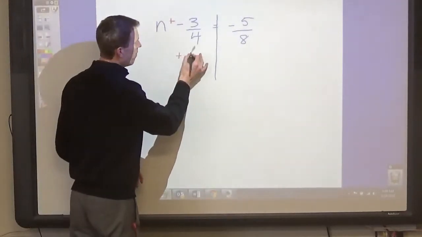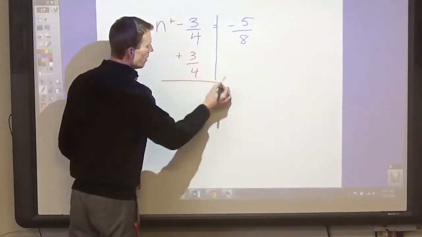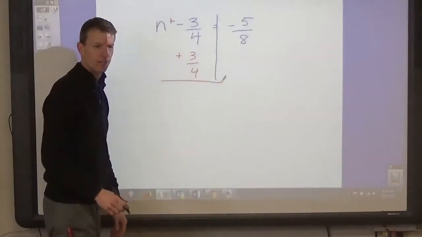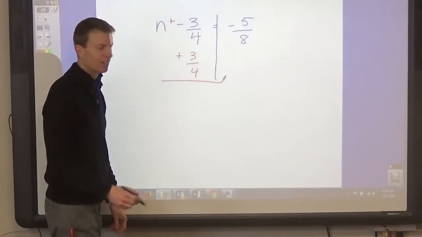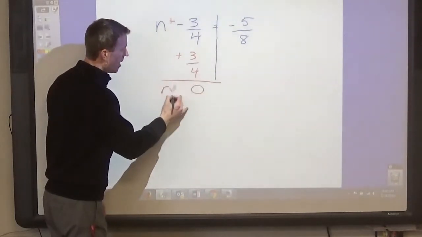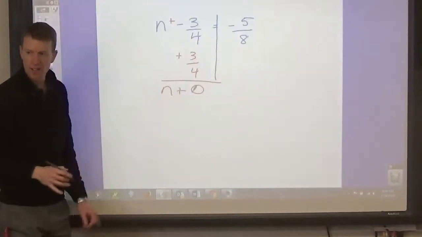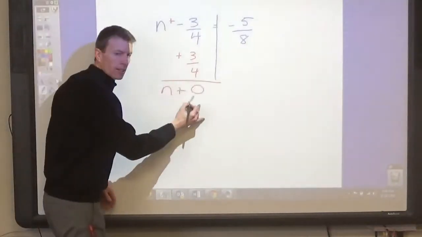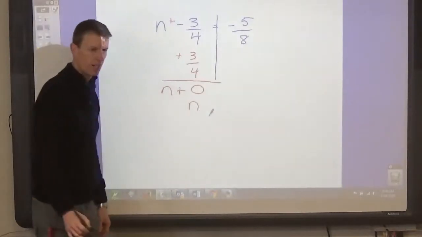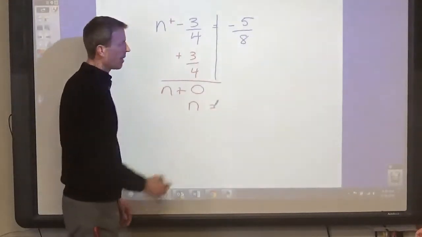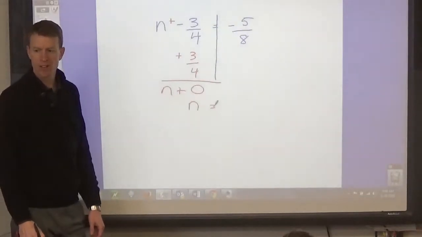Add positive 3/4 to negative 3/4. And that equals, Michael? 0. So n plus 0, we have what we need here. N plus 0 equals n. Okay? Now go back and add the same number to the other side.